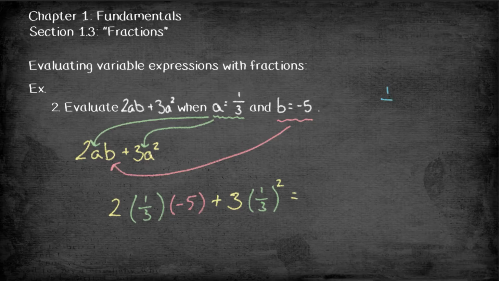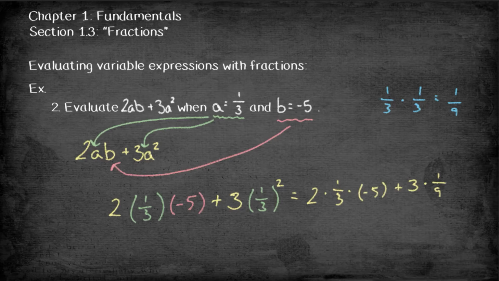Off to the side, we're going to do the exponent first. A third times 1/3 is a 9th. So we have 2 times 1/3 times negative 5 plus 3 times 1/9.